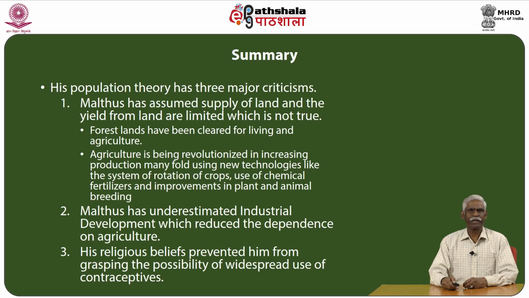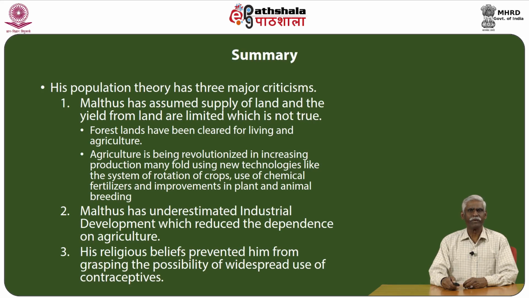Agriculture is being revolutionized, increasing production manifold using new technologies like the system of rotation of crops, use of chemical fertilizers, and improvements in plant and animal breeding. This is another important thing which Malthus could not visualize: agriculture development using modern technologies also contributes to agricultural production to a great extent.